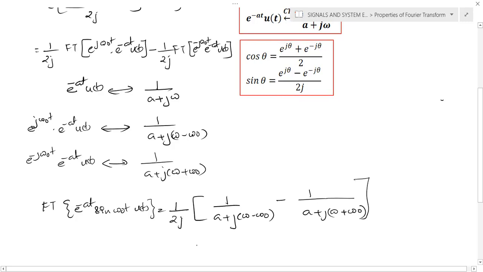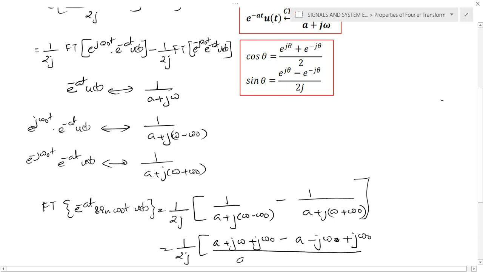Okay. Now we can simplify this, and if you take the LCM and 1 by 2j, in the numerator you will get a plus j omega plus j omega 0 minus a minus j omega plus j omega 0. Sorry, here it is omega, and the denominator will be the same, a plus j omega the whole square plus omega 0 the whole square.